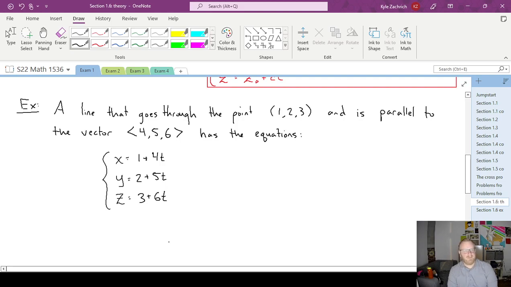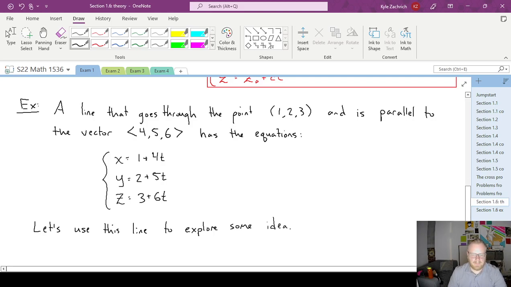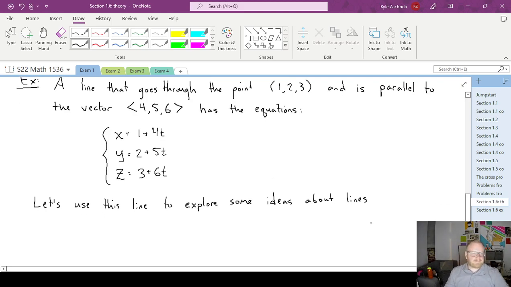We can do a couple things with this line. So let's use this line to explore some ideas. Let's find a second point on the line.